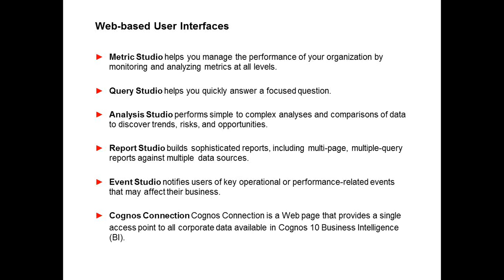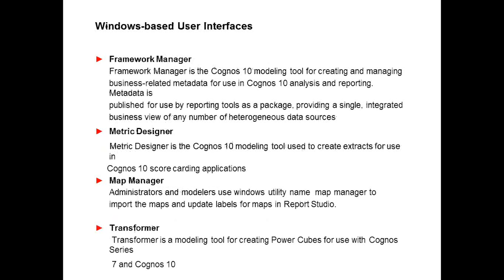This is the single point of contact for all the studios. All the data will be available in Cognos connection. You can see it as public folders and my folders. You would have seen that. Then these are the Windows-based: framework manager, metric, map, transformer.